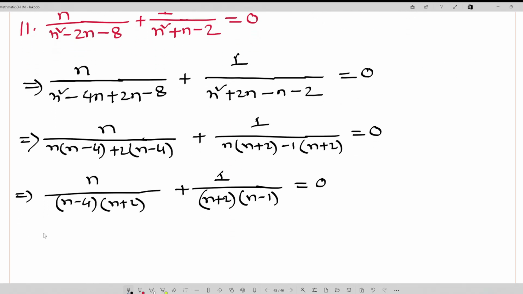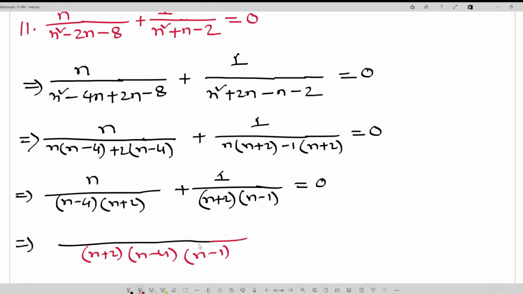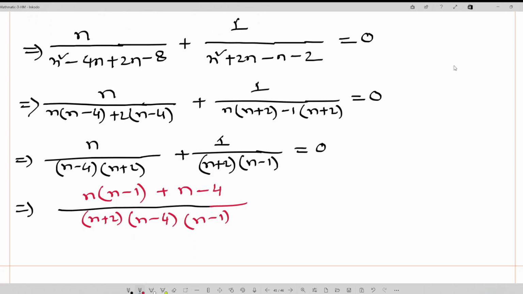Okay, so for the LCM, the common thing is n plus 2, and the uncommon are n minus 4 and n minus 1. So here n minus 4, n plus 2, it will go out. So n times n minus 1 plus, here n plus 2 goes out, so here is n minus 4, right?